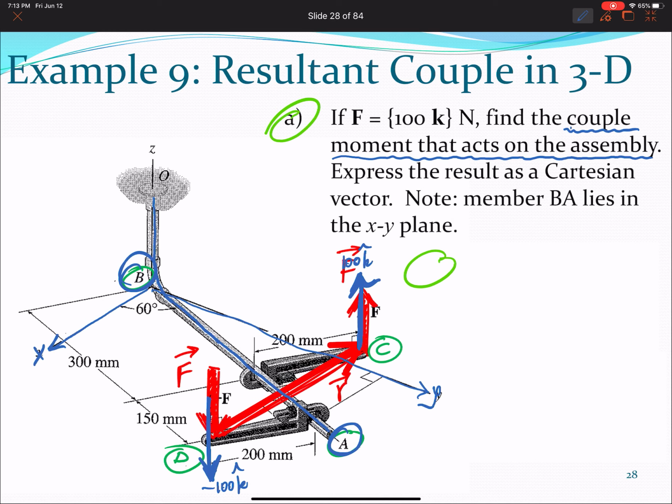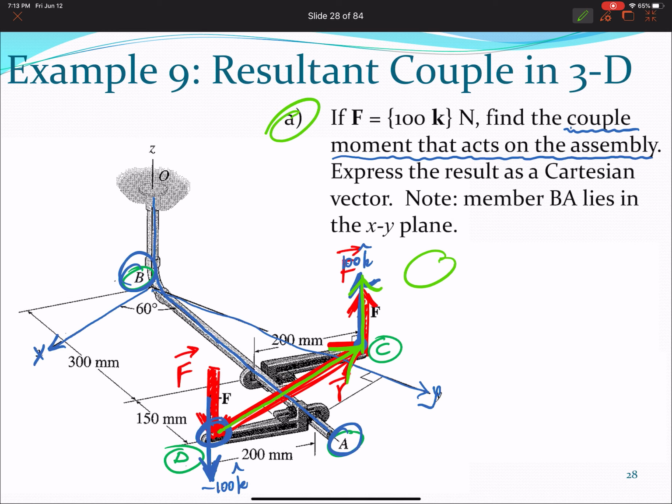They defined a position vector that goes from this point to this point. That is my position vector. And then we have to cross it with this force. You know what? I'm going to use green color so we can follow the colors. So we shoot a position vector from this point to this point, and we cross it with this force. That is what part A wants.